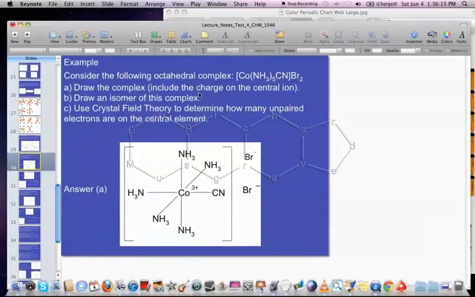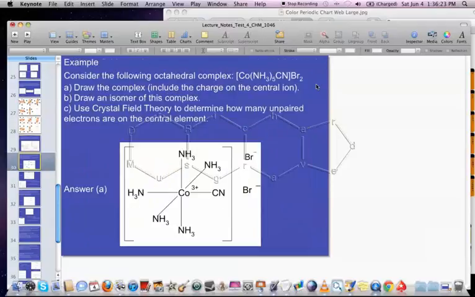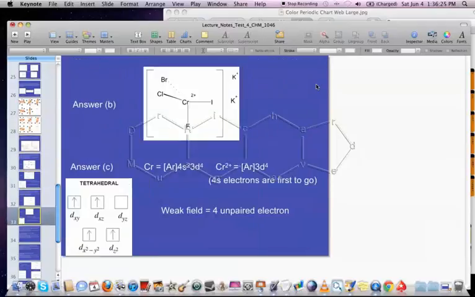So we take a look here and we can see that since we've got F, Cl, Br and I, those are all going to be weak fields, so we're looking at a small difference in energy between the 2 layers of d orbitals here, and that means that when we put the 4 unpaired electrons in, we put 1 in here and 1 in here, and since these are almost the same energy, we have to put 1 in here and 1 in here as well, and that means it's going to be a weak field, high spin, 4 unpaired electrons.